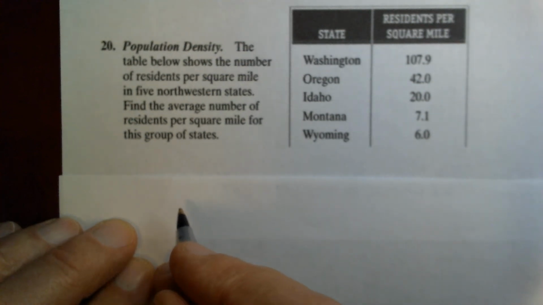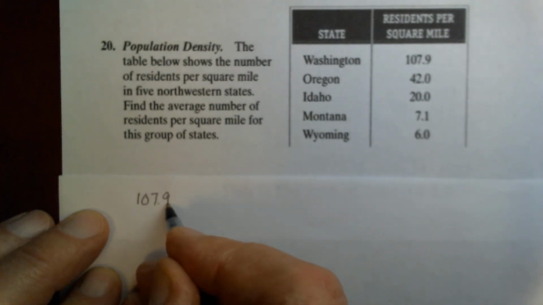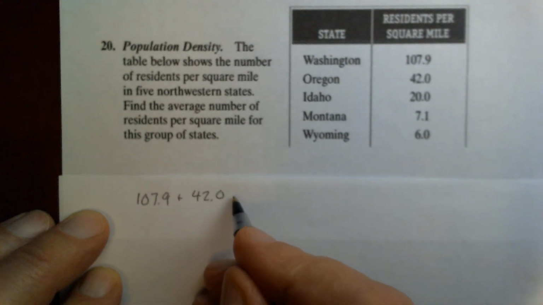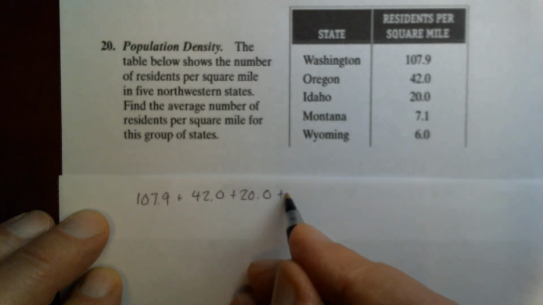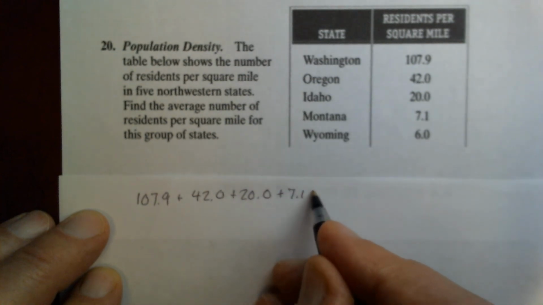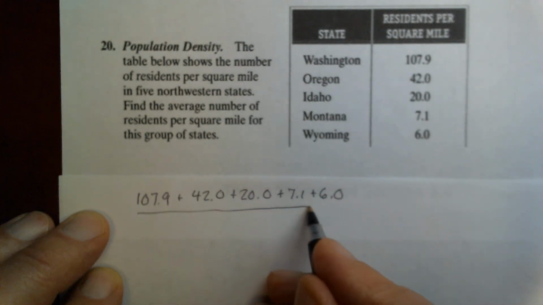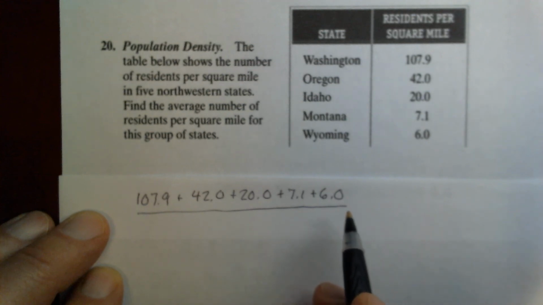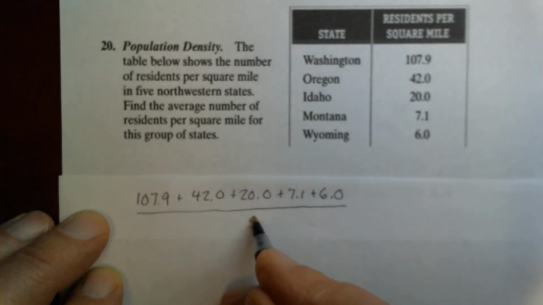So in this case, we have 107.9 plus 42.0 plus 20.0 plus 7.1 plus 6.0 divided by, and there are 1, 2, 3, 4, 5 addends, so we divide all of this by 5.